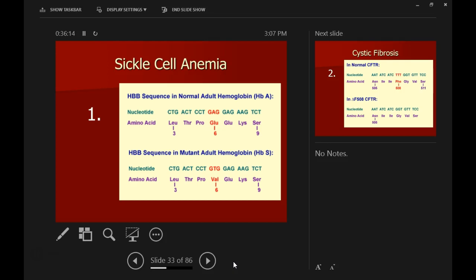So this is called cystic fibrosis. Now I mentioned Francis Collins, who is the head of the National Institutes of Health and former head of the Human Genome Project. He was a medical geneticist, and he discovered this mutation that is the principal cause of cystic fibrosis.